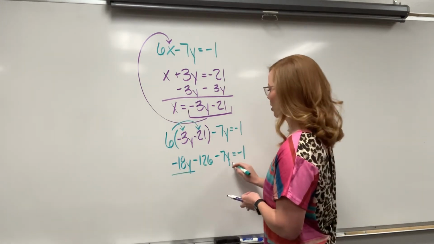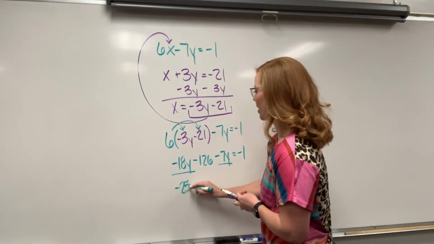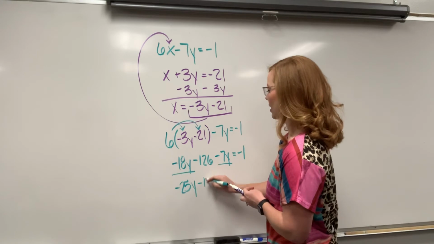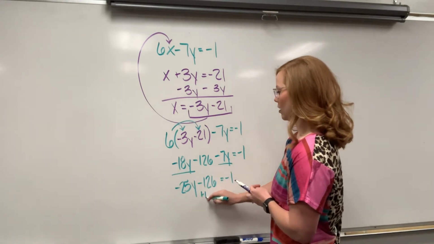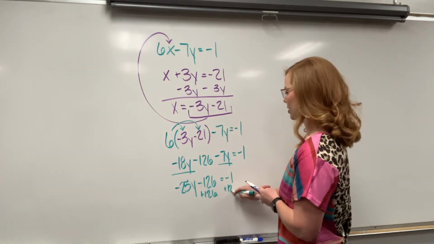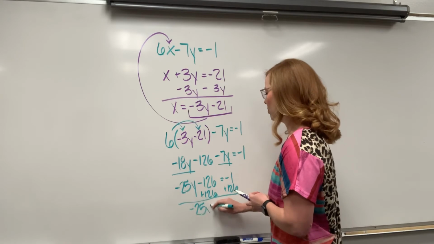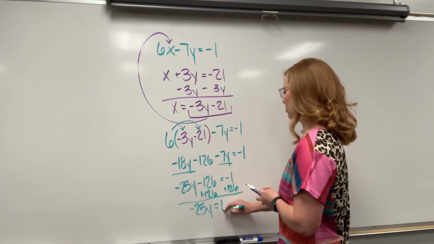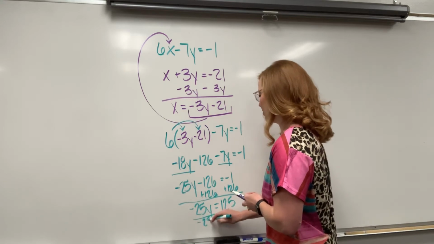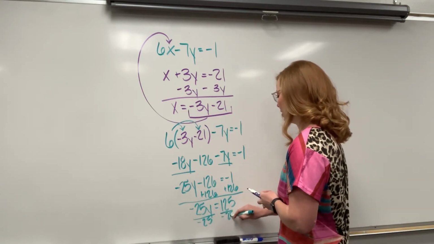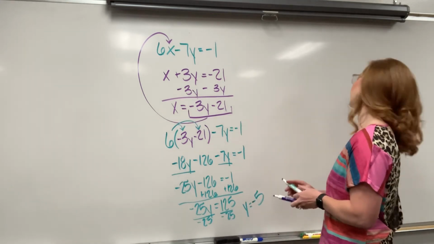Here are like terms right here. And I get negative 25y minus 126 equals negative 1. Add 126 to both sides. Negative 25y equals 125. Divide by negative 25. And we get y equals negative 5.